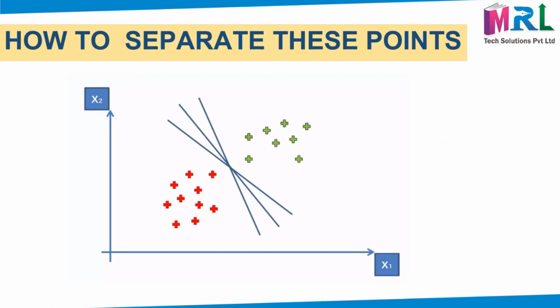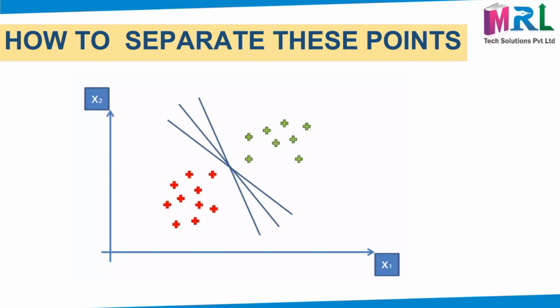And then the next part is, if it is not separable, then we can use hyperparameters also. Hyperparameter means increasing the dimension. We can increase the dimension and then we are able to separate it also. That is also possible here. So anyway, it has some flexibility in classifying the data set.